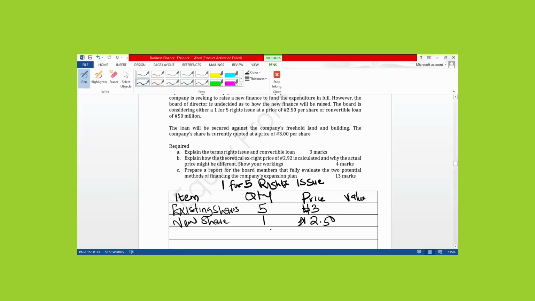Now multiply. 5 multiplied by 3, value 15. 1 multiplied by 2.5, value 2.5. Sum your quantity, 6. Sum your value, 17.5. Please don't sum price.